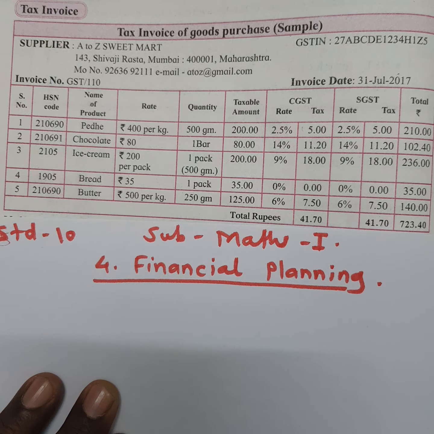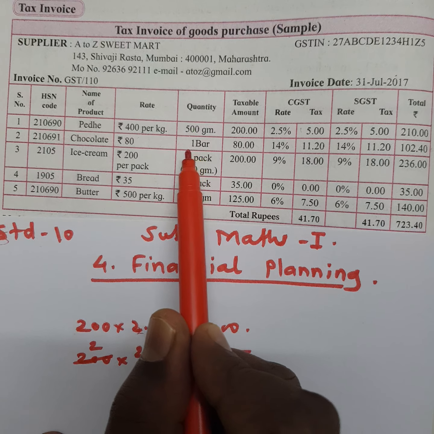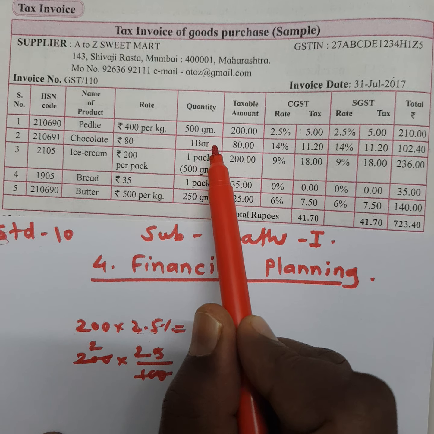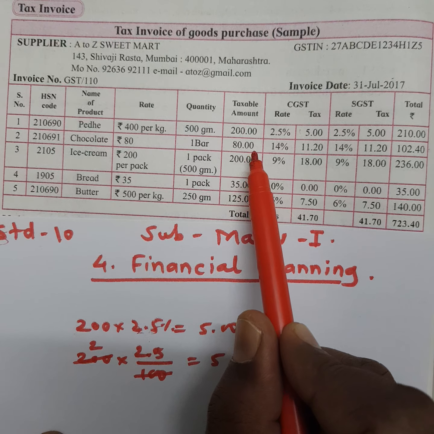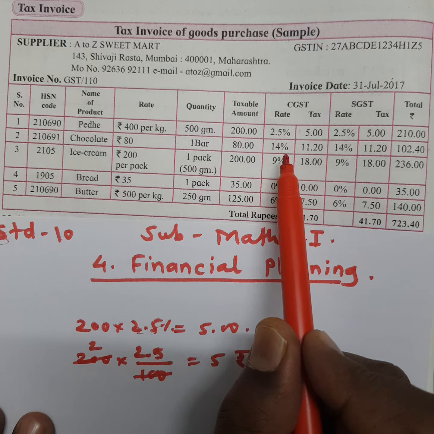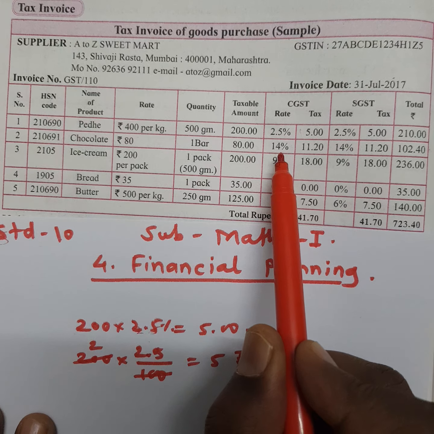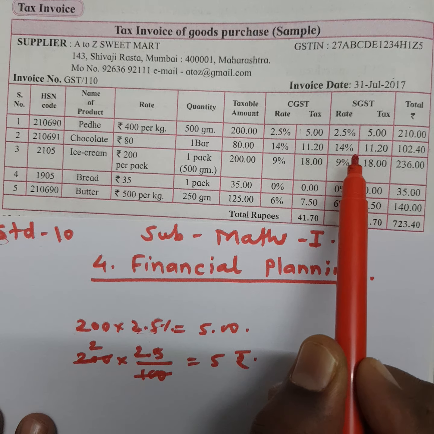Then the next item is chocolate. Its HSN code is given. The rate of chocolate is 80 rupees. Chocolate is not sold in kilograms; chocolate is sold in the form of a bar. Therefore, for 1 bar of chocolate, the taxable amount will be 80 rupees. The rate of GST on chocolate is 28%, therefore the rate of CGST is 14% and the rate of SGST is also 14%.